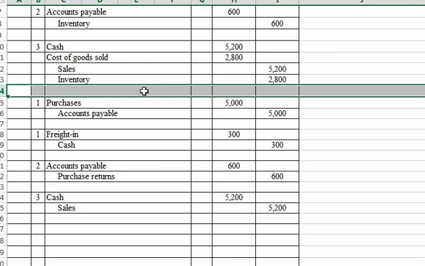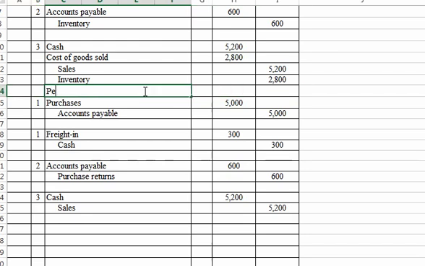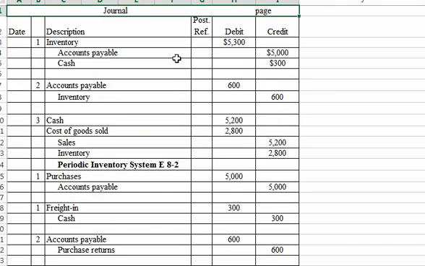Okay, so this one, periodic. Periodic inventory system, that's E8-2.